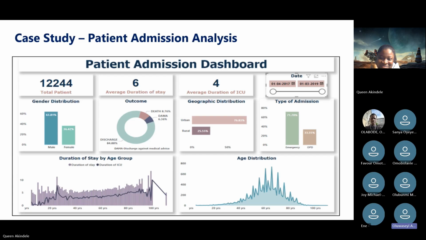So you have more older people within the brackets of people that present themselves as patients, considering the data being analyzed. I don't know if that makes sense. That's all I can pick from here now.